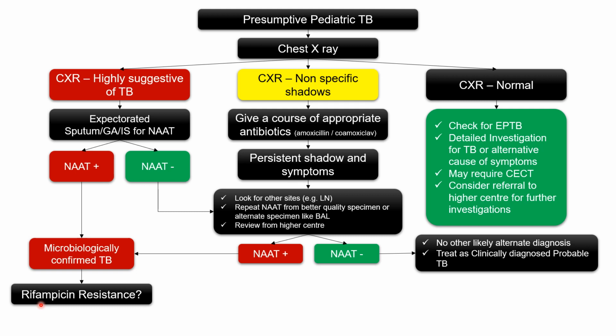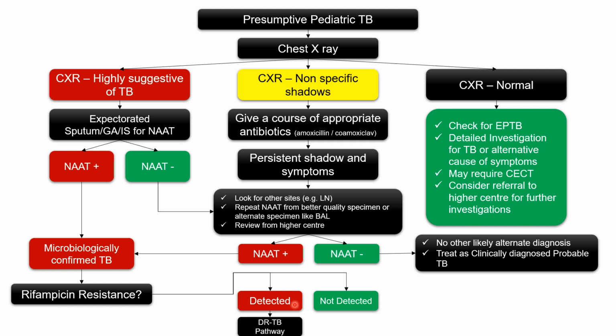That means, the Mycobacterium tuberculosis present in this patient, whether that tubercle bacilli is resistant to rifampicin or not. If rifampicin resistance is detected, presence of rifampicin resistance means we have to think this is a case of drug resistant tuberculosis and we have to enter the patient into the drug resistant tuberculosis pathway.